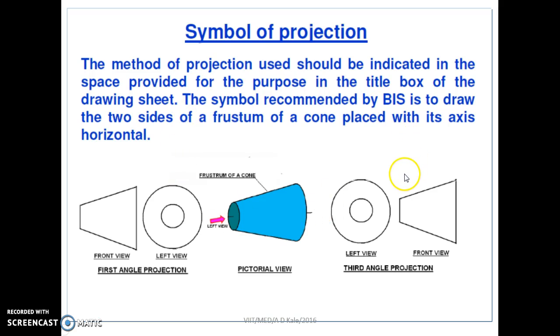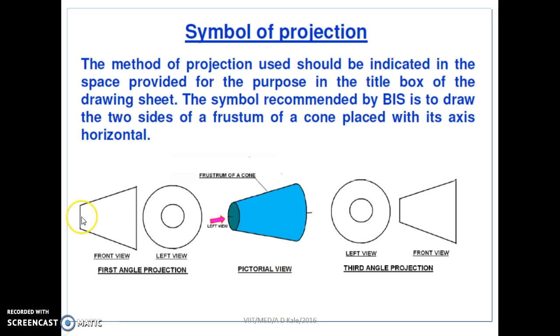Throughout this particular course, we are going to use the first angle projection method for drawing or solving all the engineering drawing problems. To understand the symbol of first angle projection, see this frustum of cone. Assume the observer is observing this frustum of cone from the left side, and hence this truncated portion of the cone as well as the base of the cone will be completely visible to the observer.